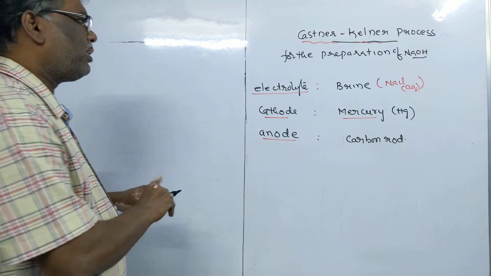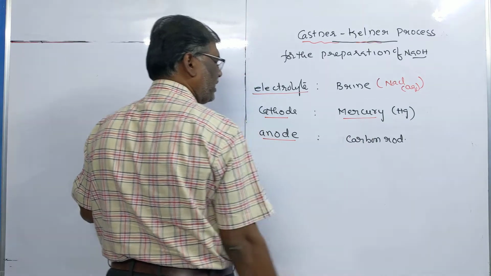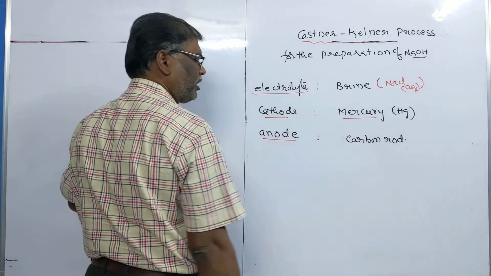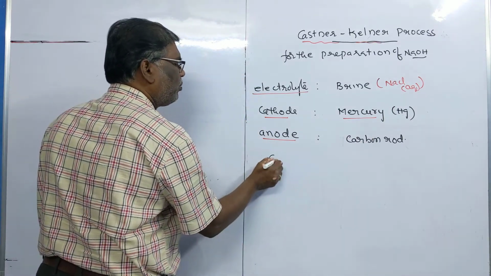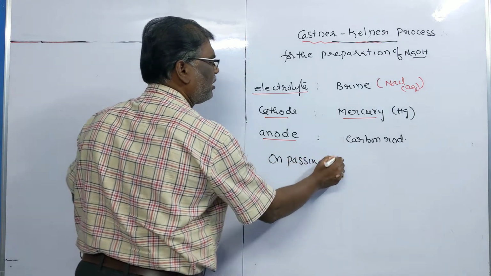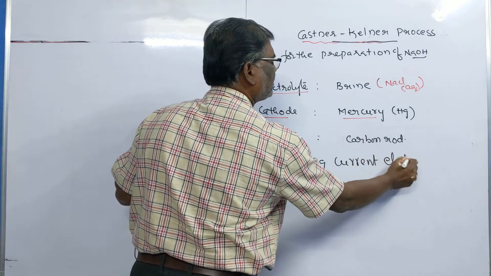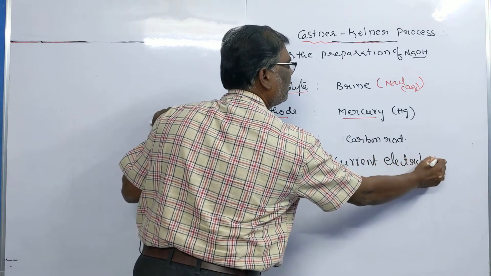So what is the electrolyte? Brine solution. Mercury acts as the cathode, and the anode is a carbon rod. Now what happens? On passing current, electrolysis takes place.